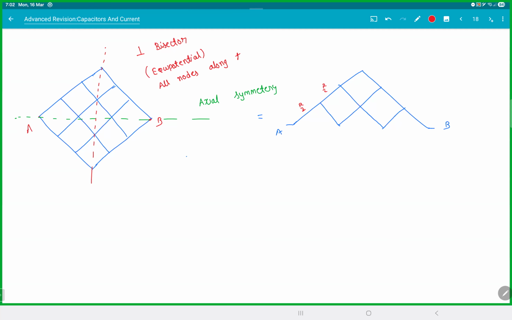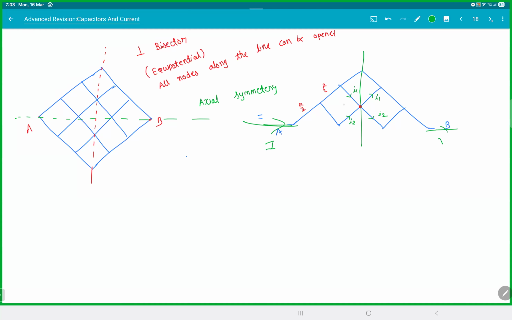All nodes along the line can be opened up. Again, how can I do that? Look at this node. Again, the argument is this. By symmetry, if this current is I1, this current is I1. If this current is I2, this current is I2. Do you agree? Because if you look at the line here, this current I is entering, this current I is leaving.